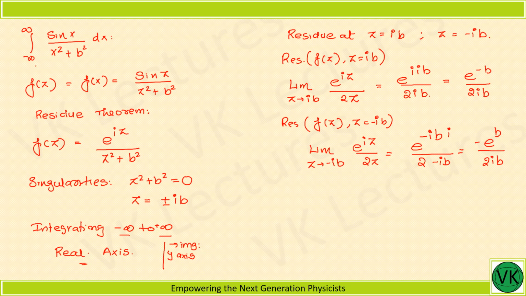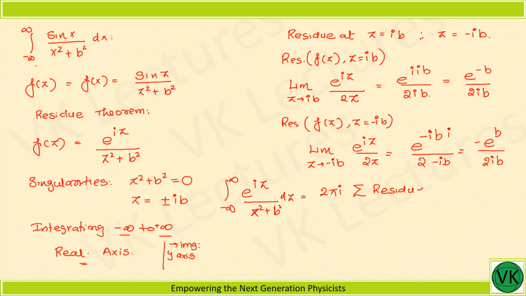And now the integral from minus infinity to plus infinity of e to the power iz divided by z square plus b square dz is equal to 2 pi i into the sum over residues.